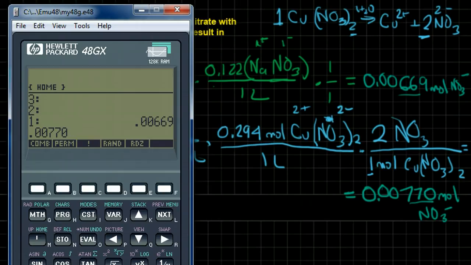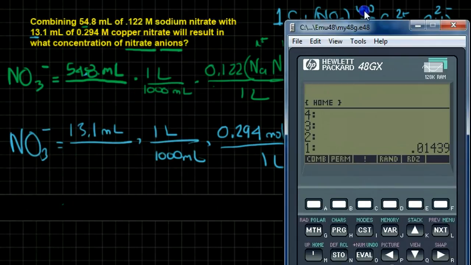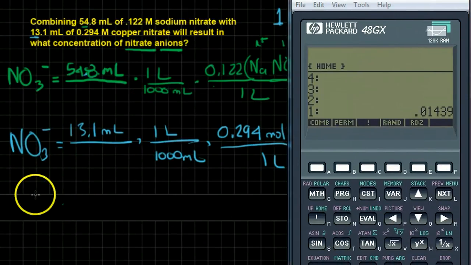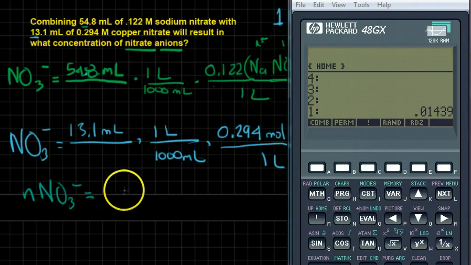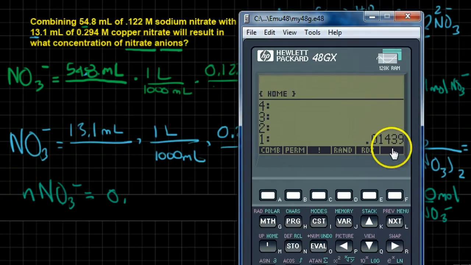Maybe not. And we add those together. There we go. And that gives me the number of moles of nitrate is equal to 0.144.